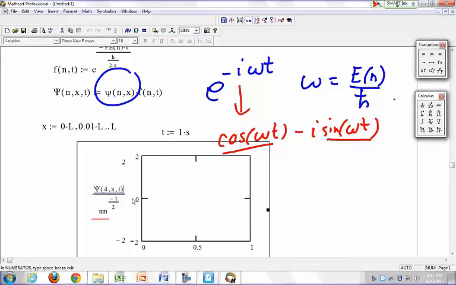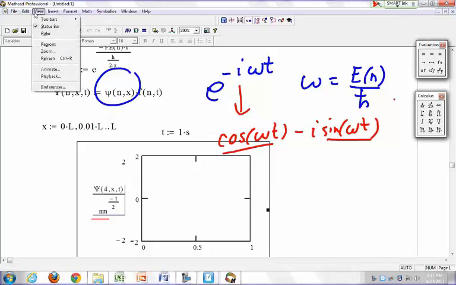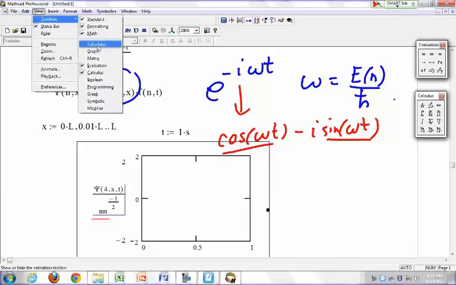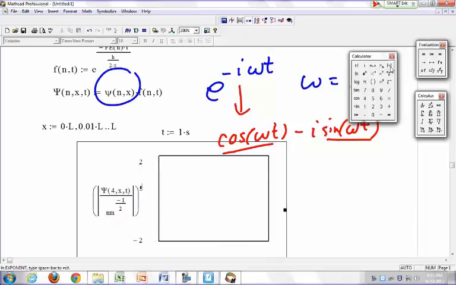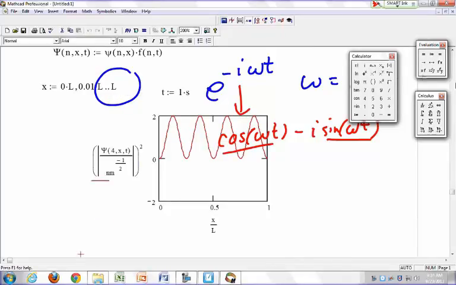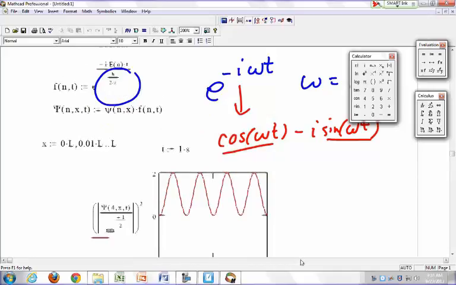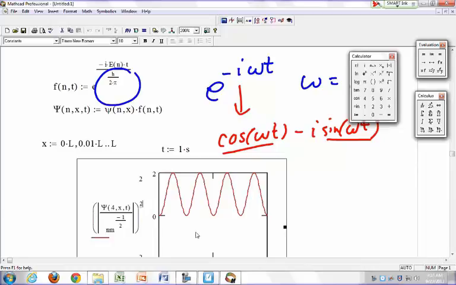But what would happen if I were to take the square of this? Absolute value. So I'm going to pick up the calculator toolbar right there. That's the absolute value. And then raise to the power 2. And you can see that's just the square of the function. If you just take the absolute value, that will work too.